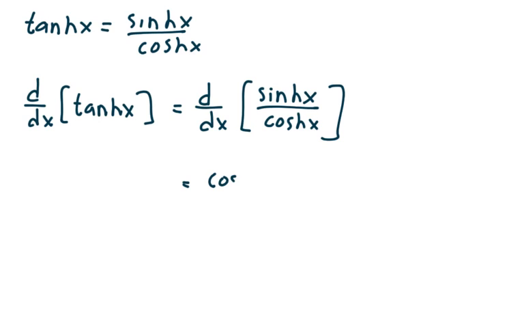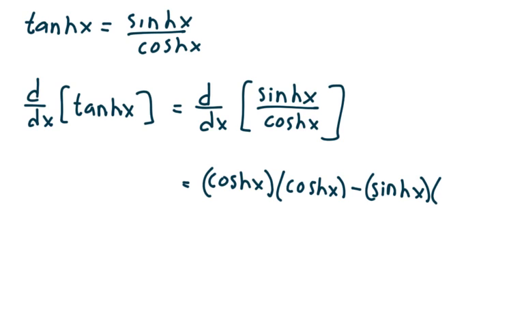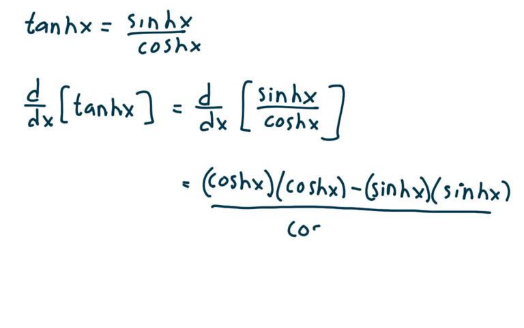So I'm going to write down the bottom function, and I'm going to multiply by the derivative of the top function, which is cosh x, minus the top function, sinh x, times the derivative of the bottom function with respect to x, which again is sinh x, and I'm going to take that whole amount and divide by cosh squared x.